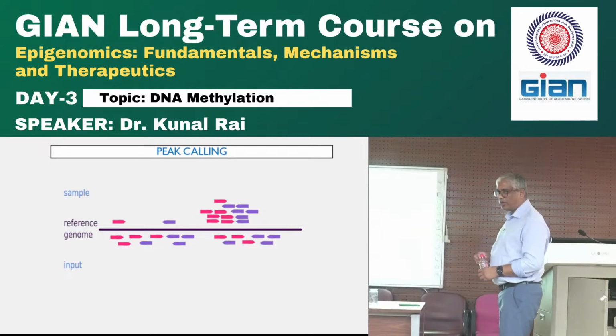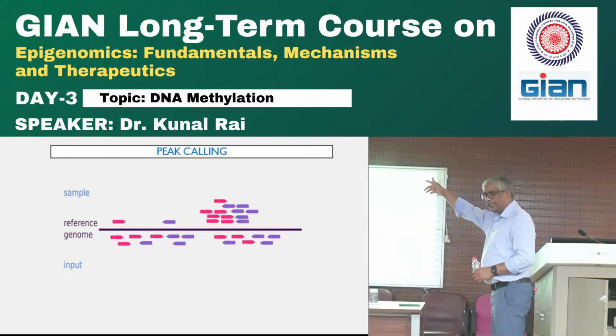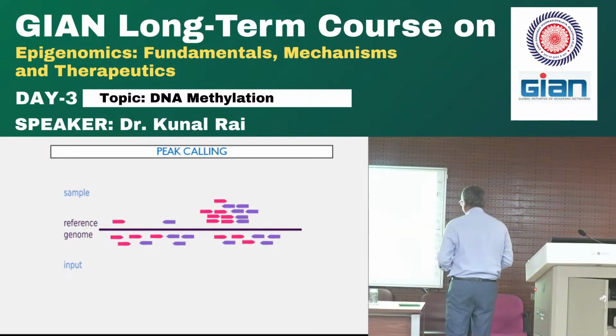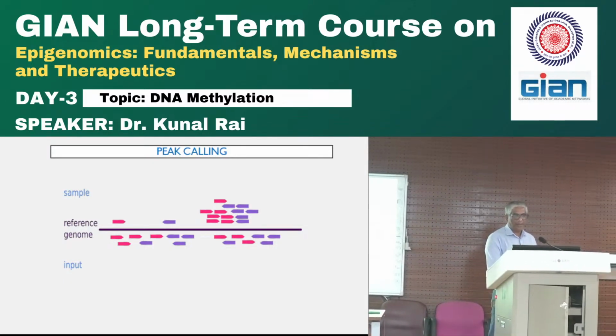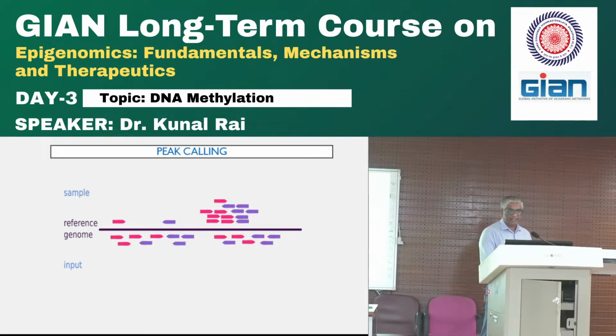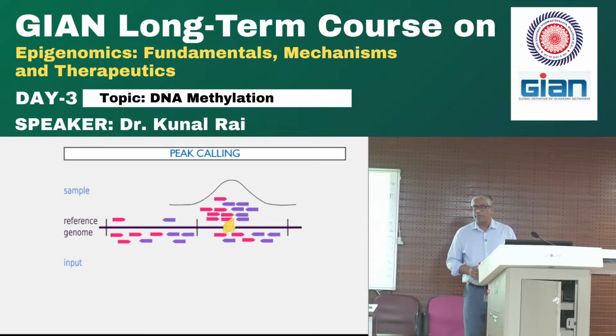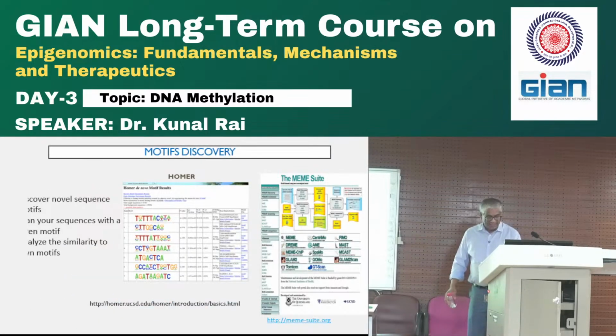Confusions? Tomorrow, who's going to raise hands? I need to go through it again tomorrow? No? Okay. That's the peak that you'll be calling, okay? That's a significant peak. So MACS is a great tool that does the peak calling. I'm not going to go into this. Once you get the peaks, what do you get? MACS, what does MACS give you?